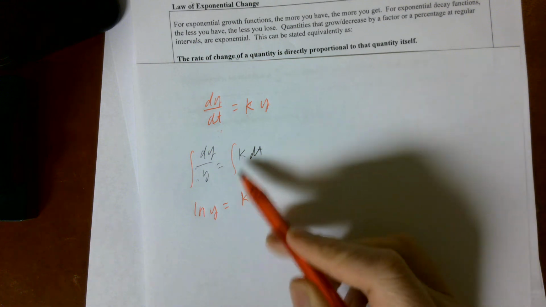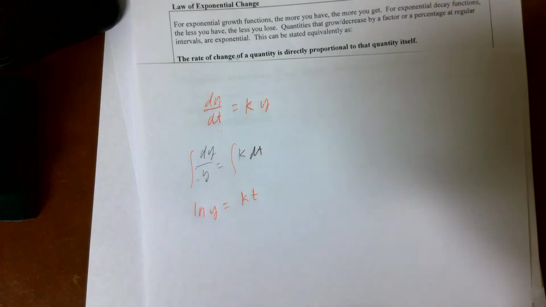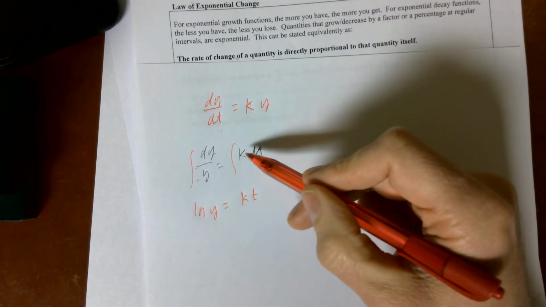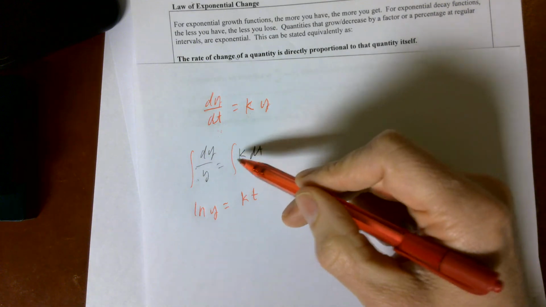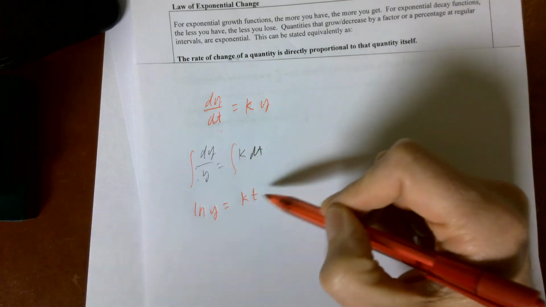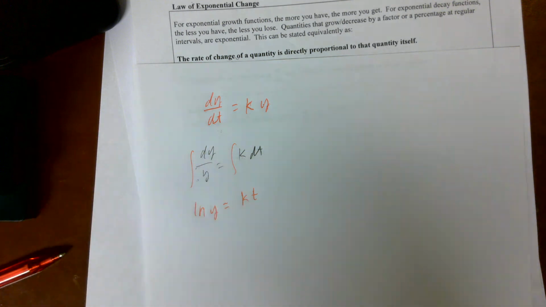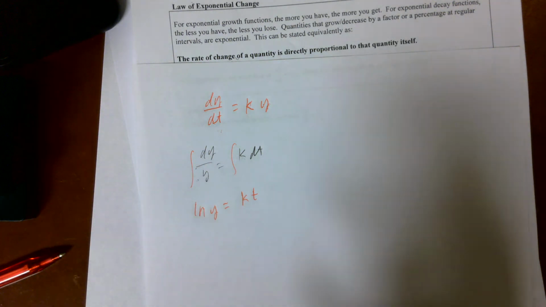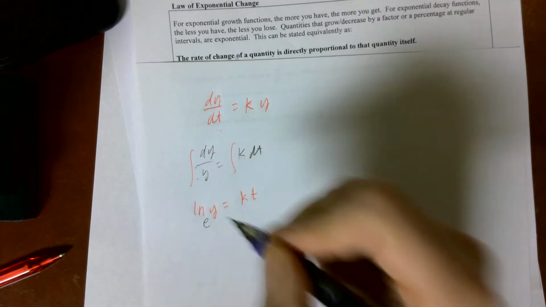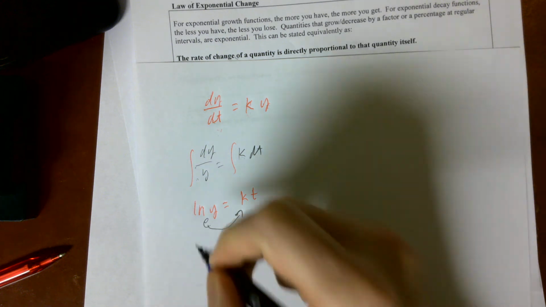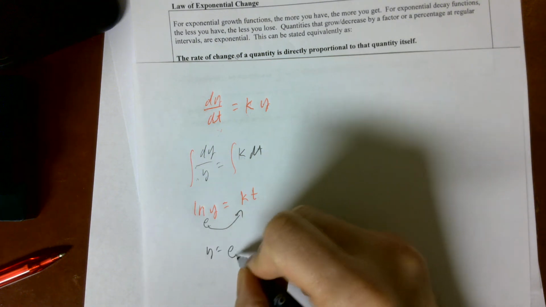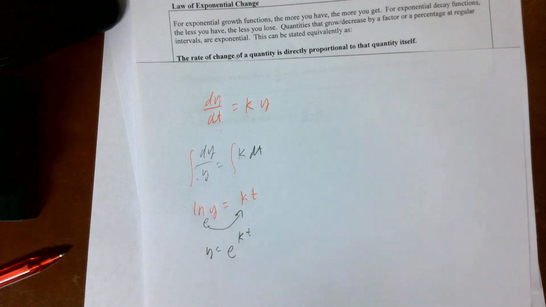Remember, that's just a number. So if you integrated 7 dx, you would get 7x. So if I integrated 7 dt, I would get 7t, or this is kt. Well, I'm not done. I've got to get y by itself, so I'm going to swoop this over. That's going to give me y is equal to e to the kt.